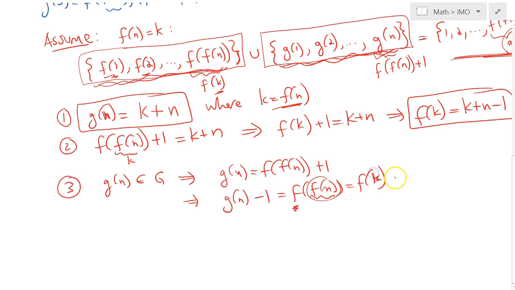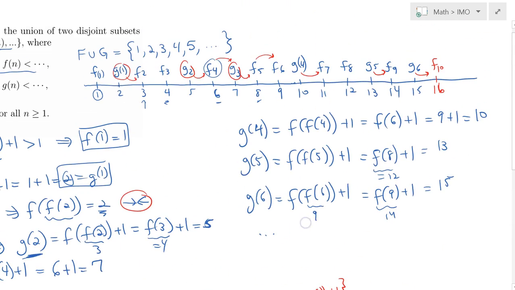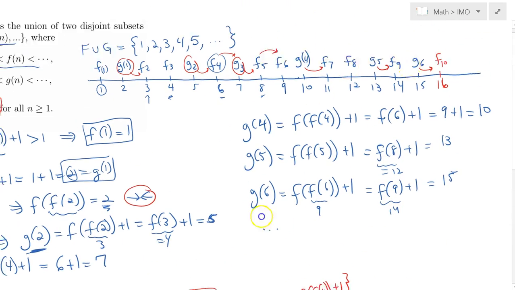So this implies that g of n minus 1 is a value taken by the function f, so it is in f. So whenever a value is in g, then the preceding term has to be in f, implying that there are no two consecutive elements in g, right? We made this observation early on when I analyzed this table, this real line.